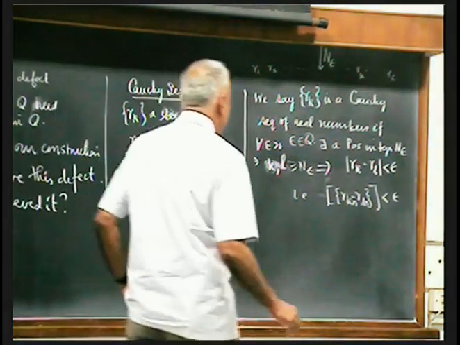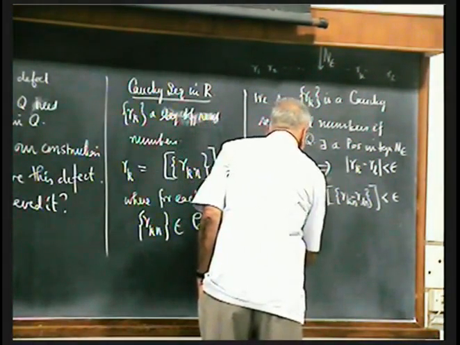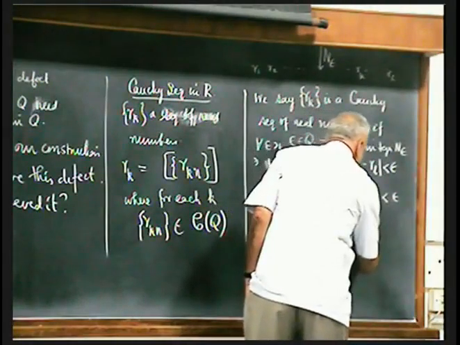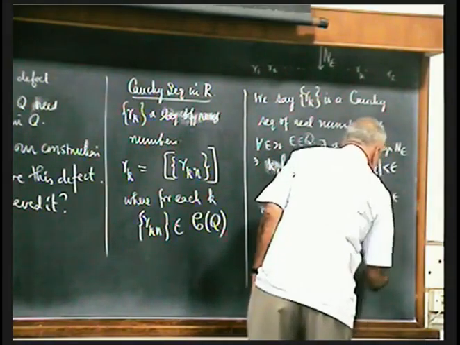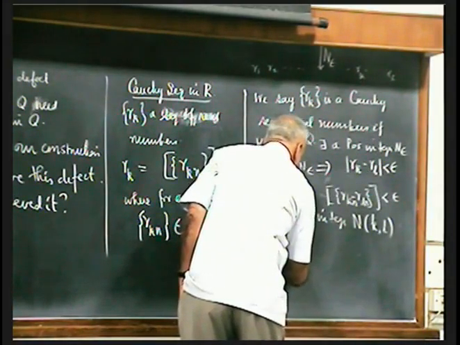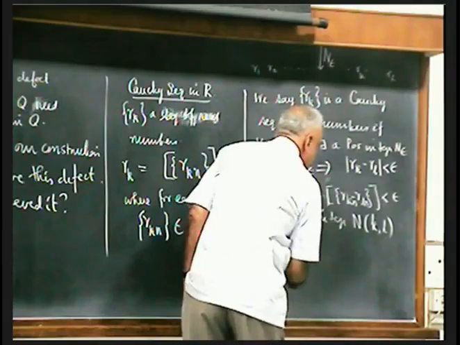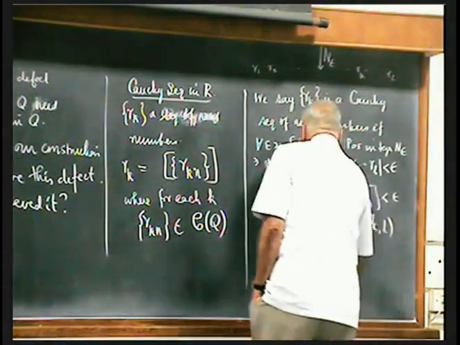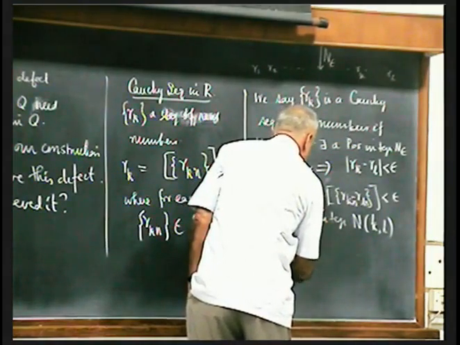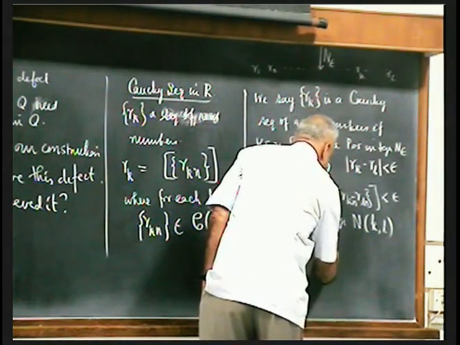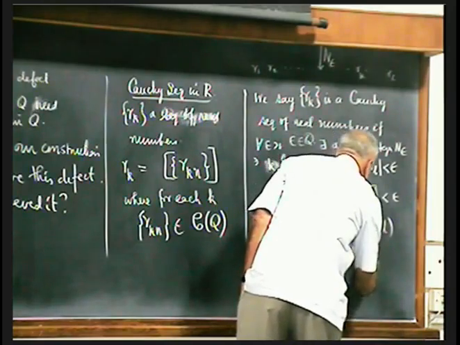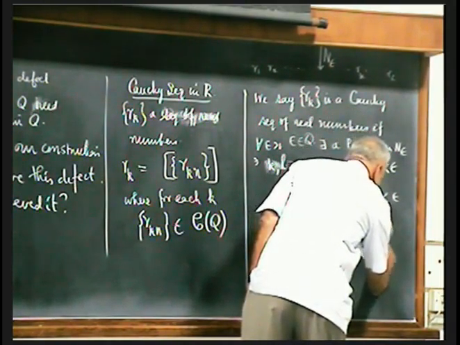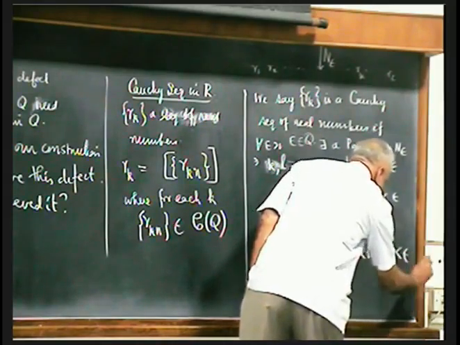That is, there exists a positive integer n which will depend on k and l, such that n greater than or equal to nkl implies mod Rkn minus Rln is less than epsilon.